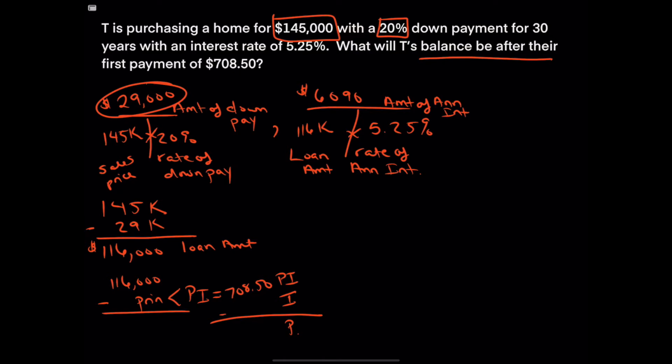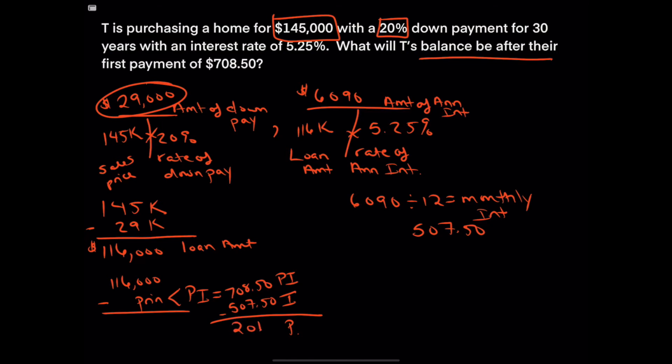With this $6,090, if that is our annual interest, if we divide it by 12, we'll find our monthly amount of interest. And so when you do that math, your monthly interest is going to give us $507.50. So $708.50 minus the $507.50 is going to give us $201.